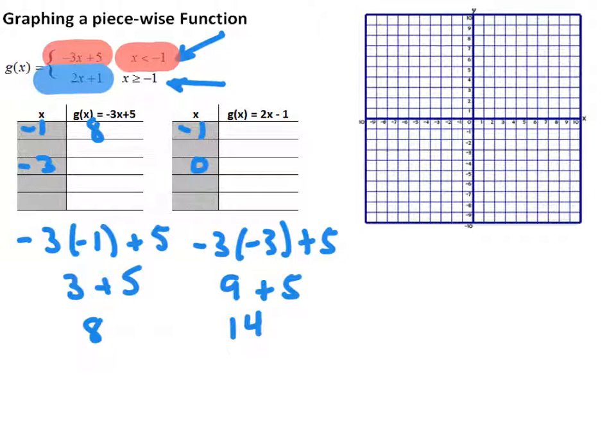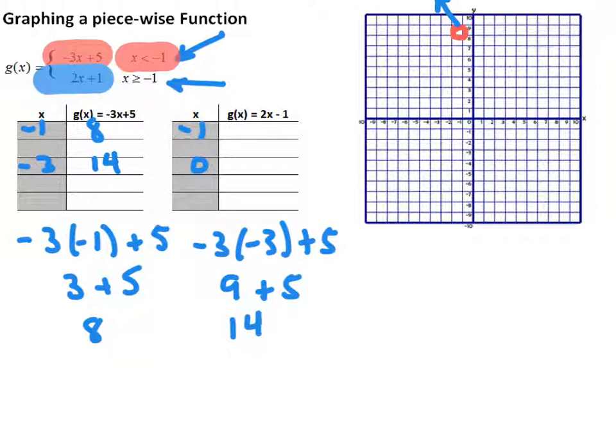Which means at -1 and 8, I'm going to create an open dot. And then at -3 and 14, now that's off my graph, so that's a little tricky. -3 and 14's up here somewhere. I'm going to create my graph heading off in that direction.